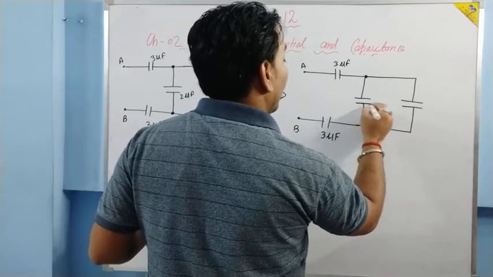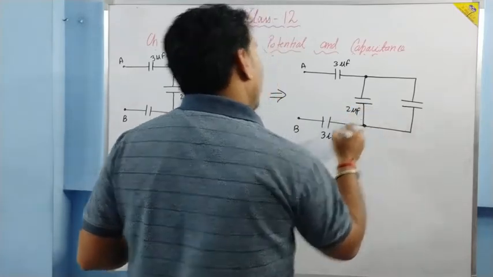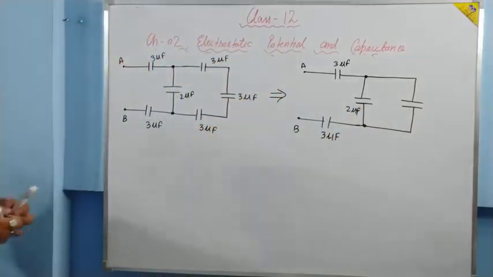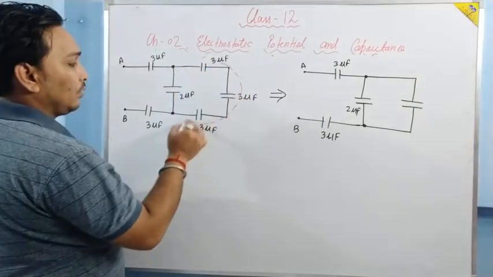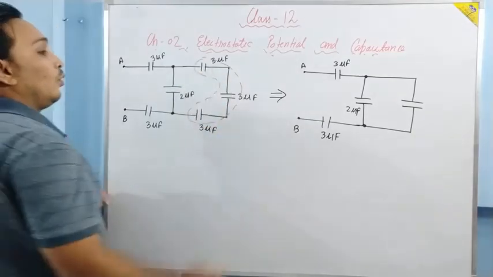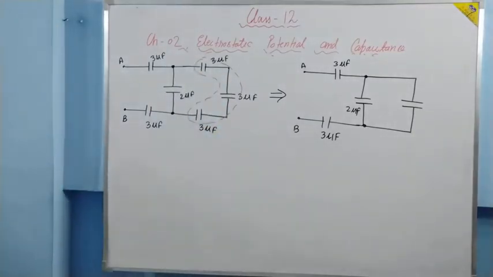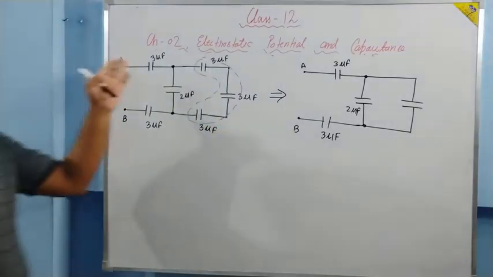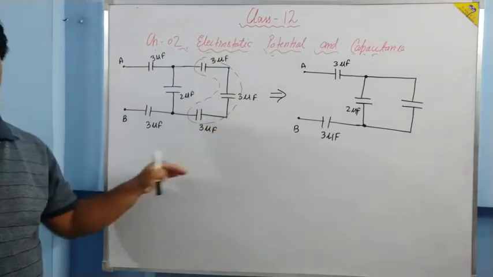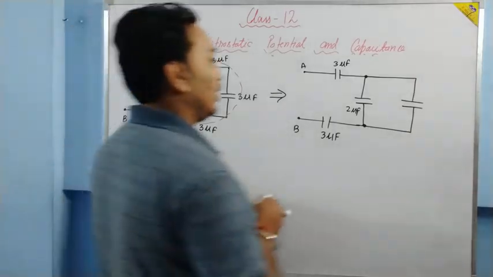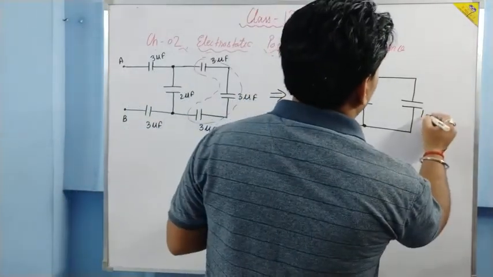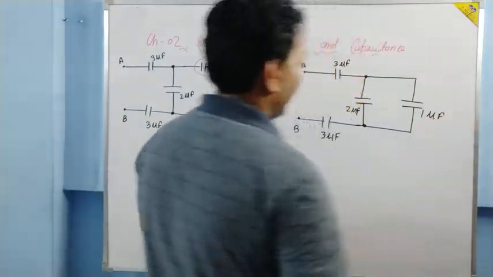It is 2 microfarad. What will be the equivalent of these three? I am asking about these three. 1 by 3 plus 1 by 3 plus 1 by 3. They are in series, no? It will be 3 by 3. Basically, it will be 1 microfarad. When we solve them, we are going to have 1 microfarad.